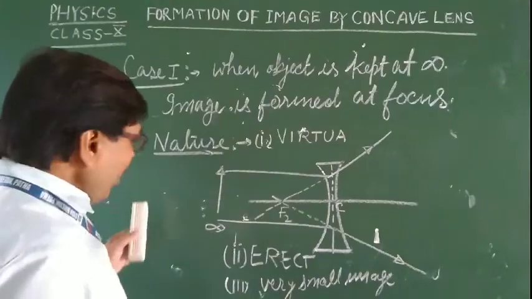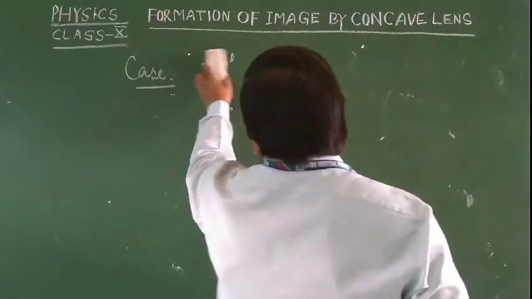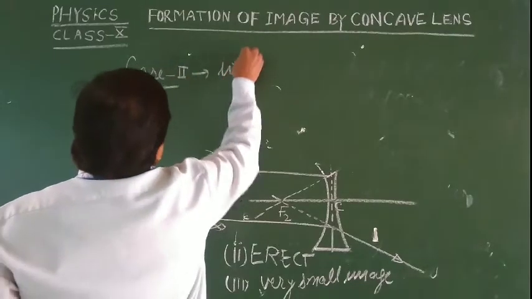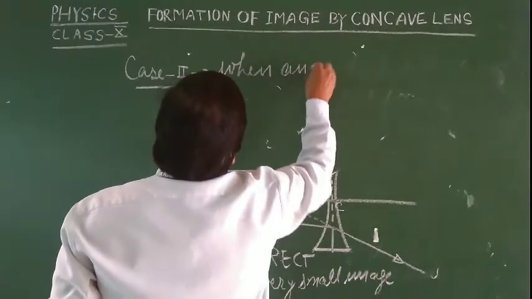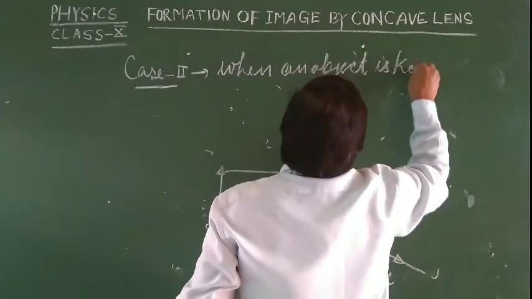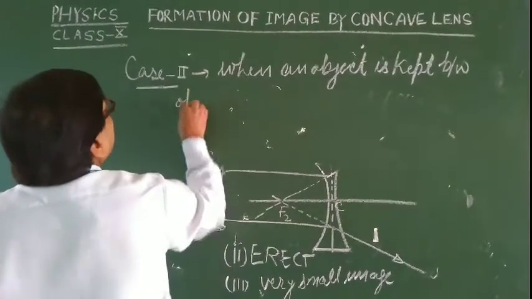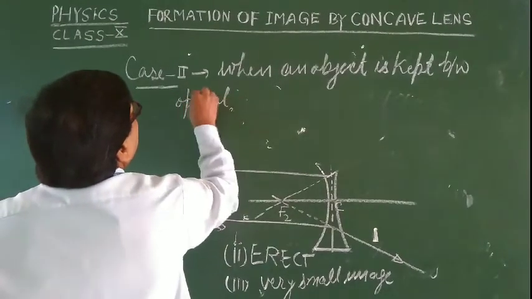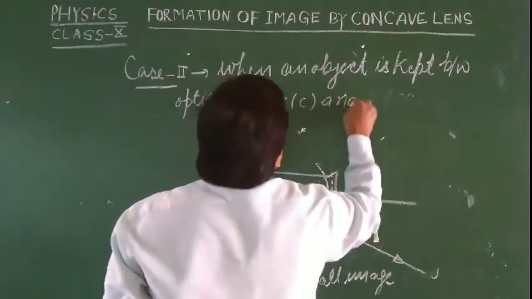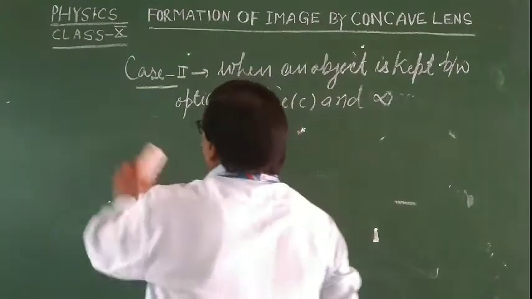Case 2: when an object is kept between the optical center and infinity, then where is the image formed?